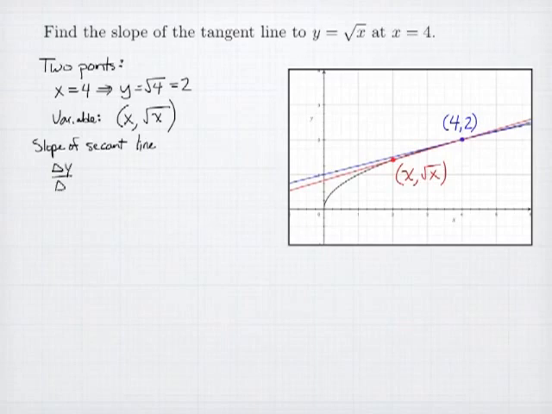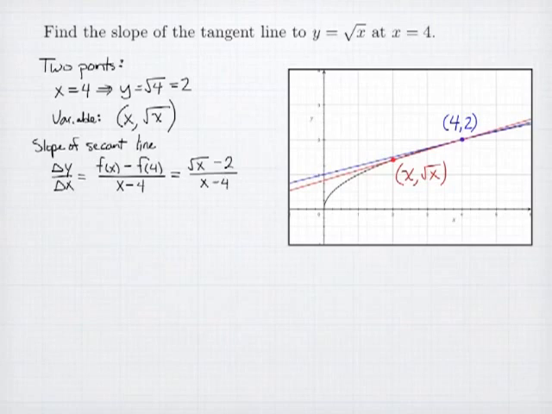Change in y over change in x is the value of our function minus the value of our point divided by the change in the x values. So for this example, it's the square root of x minus the square root of 4, or 2, divided by x minus 4. And that corresponds to the slope of the red line.